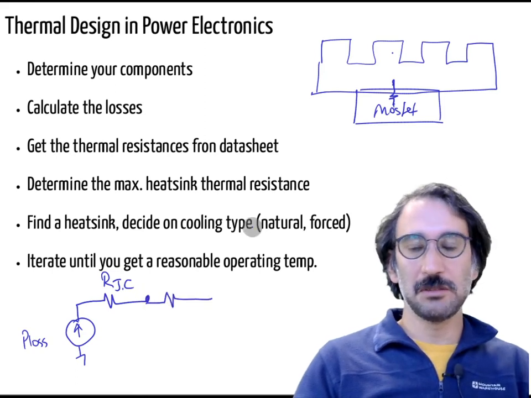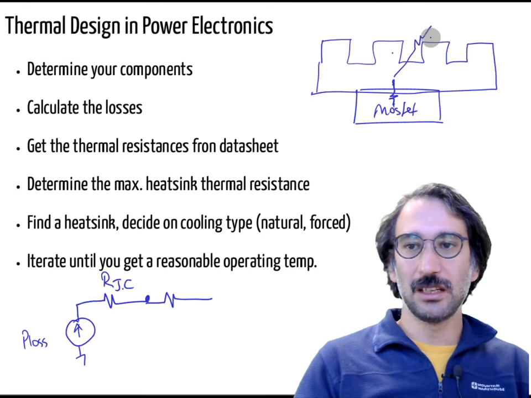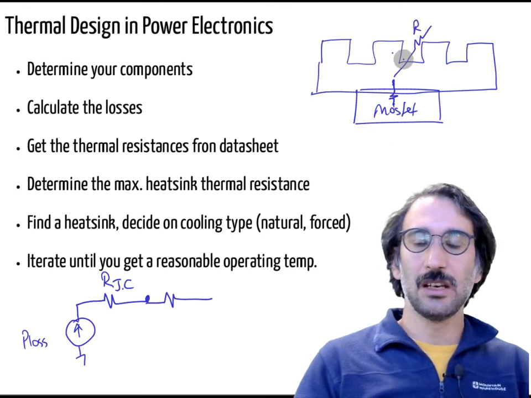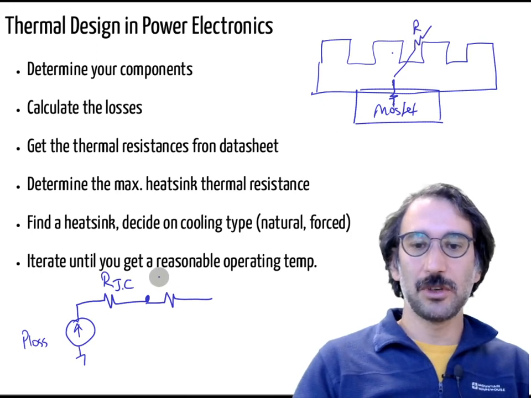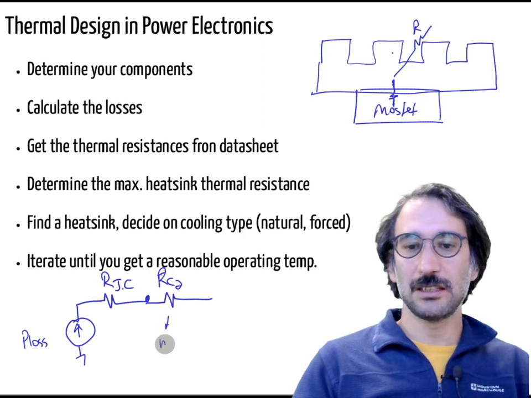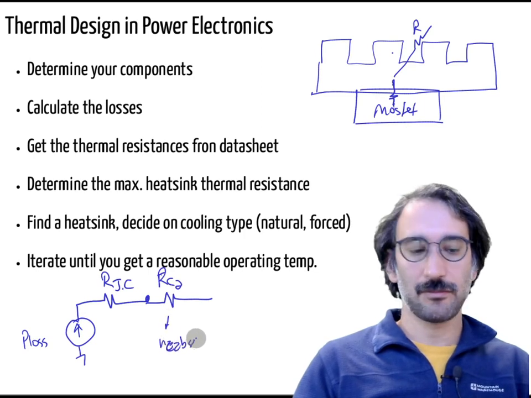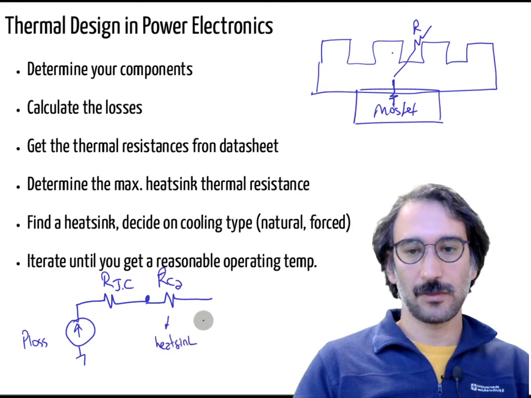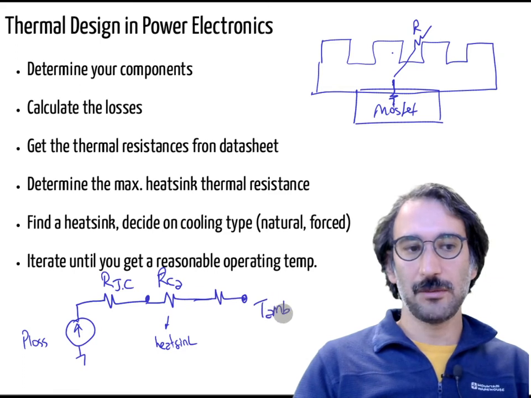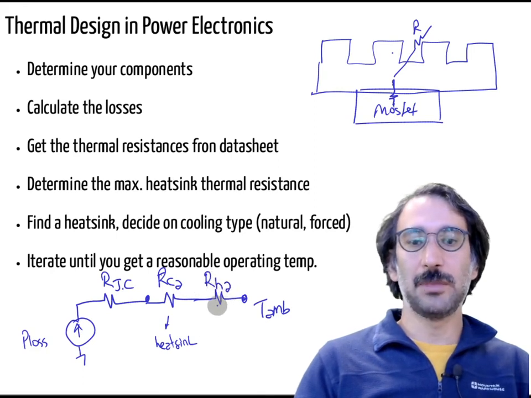And maybe there can be just one thermal resistance for the heatsink. It can be R case to ambient for the heatsink. And you can have maybe another one. This will be your ambient temperature, and this can be your heatsink to ambient.